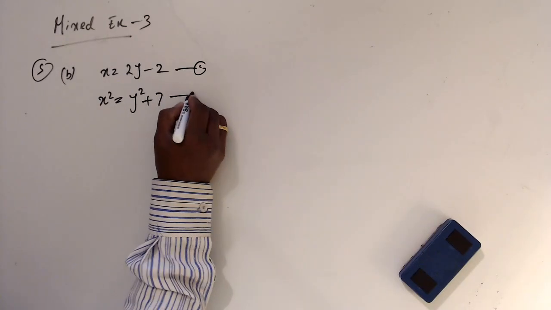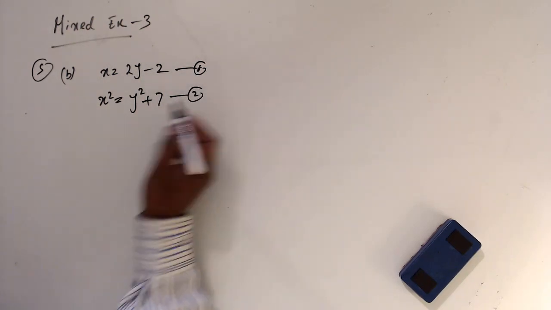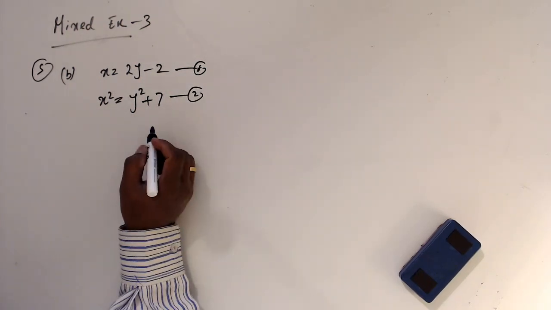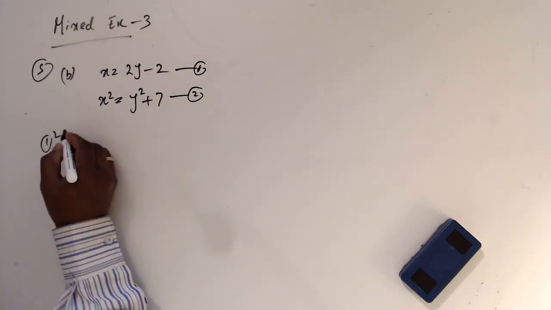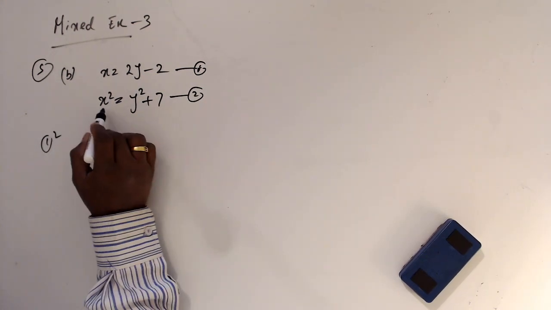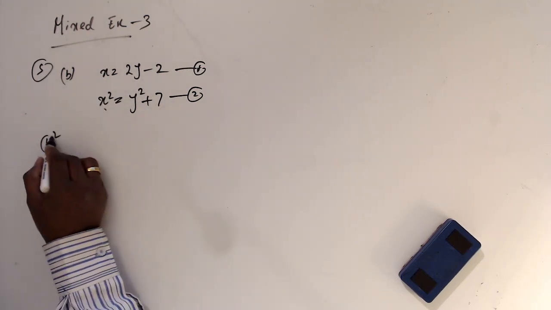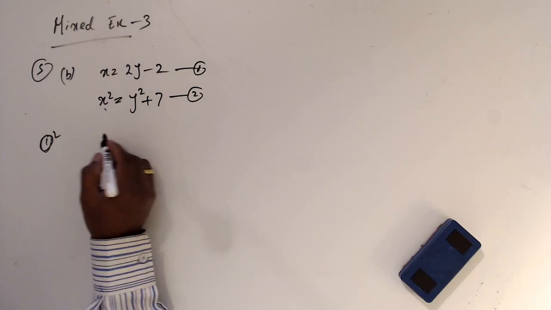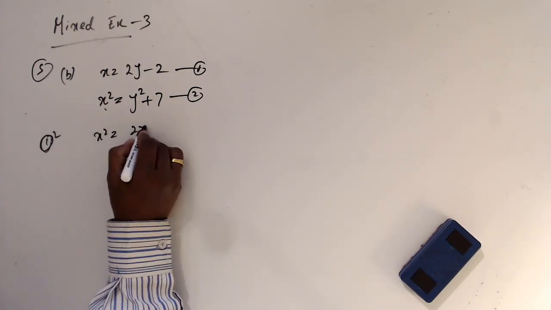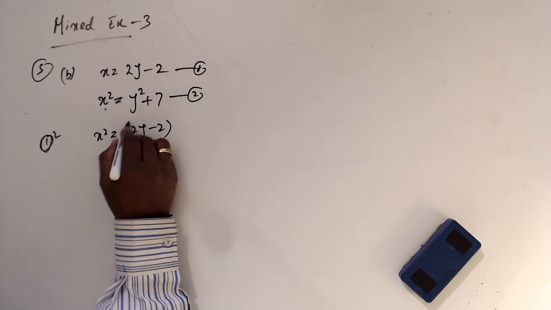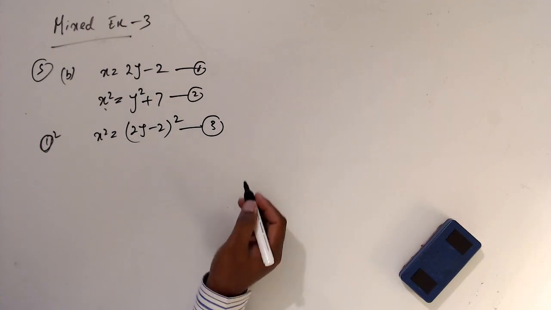Now this is x squared equals y squared plus 7. I'll call the first equation 1 and square it, because I can see that I need x squared. I can square this: from 1 squared, x squared equals (2y minus 2) squared. I'll call this equation 3.